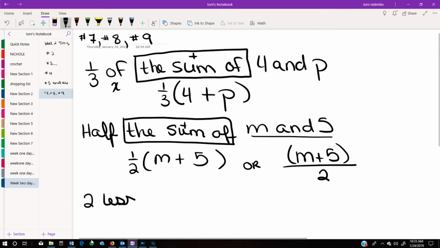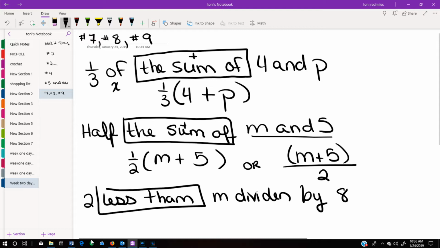2 less than m divided by 8. Okay, less than means subtraction, and it goes at the end of the expression. So I know whatever I'm doing, after I do it, I'm subtracting 2. Remember, it's a turnabout word. It turns around the meaning, puts the 2 at the end of the sentence.